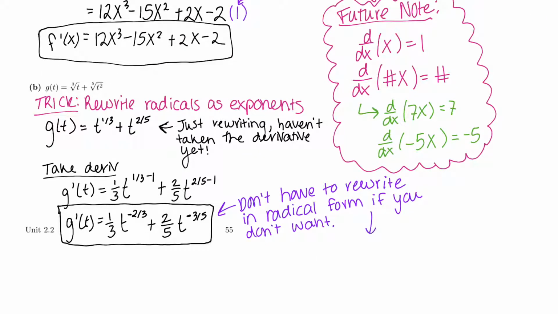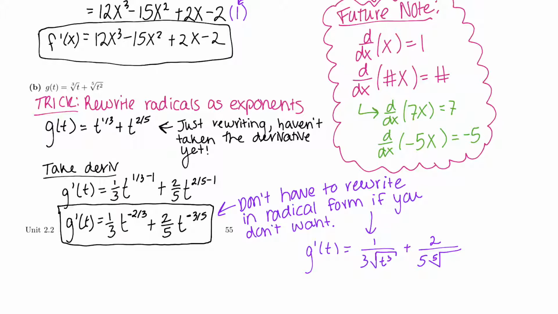for those of you who are like, no, I want to do that, the way that would look would be 1 over 3 square root t cubed plus 2 over 5 fifth root. Oops. Hold on.